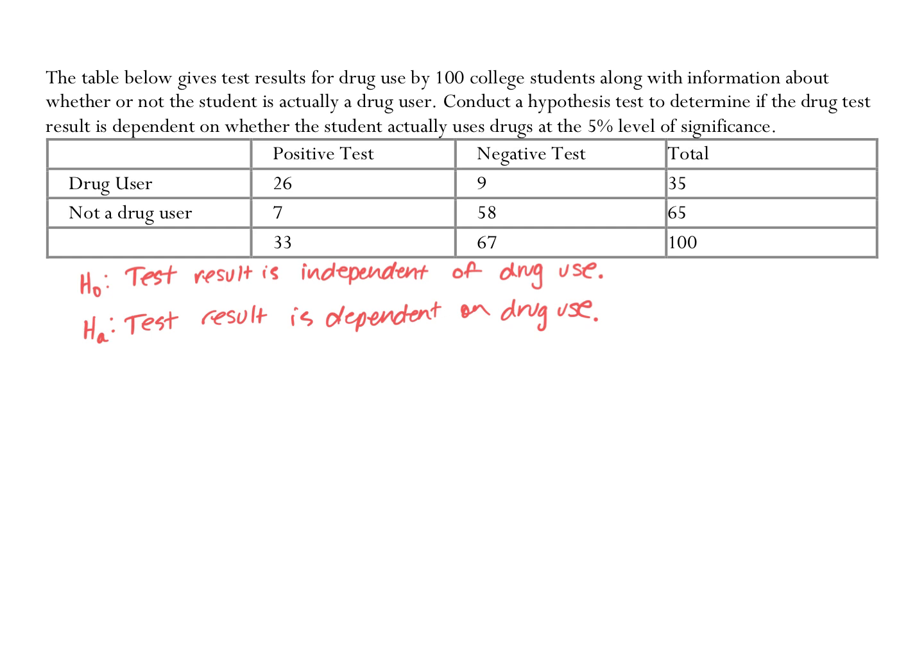Now, looking at this two-way table, a reminder that independence would mean that we would have the same fractions all the way through. So, for example, for drug users, it's 26 out of 35 who tested positive. The similar fraction to compare that would be 7 out of 65.